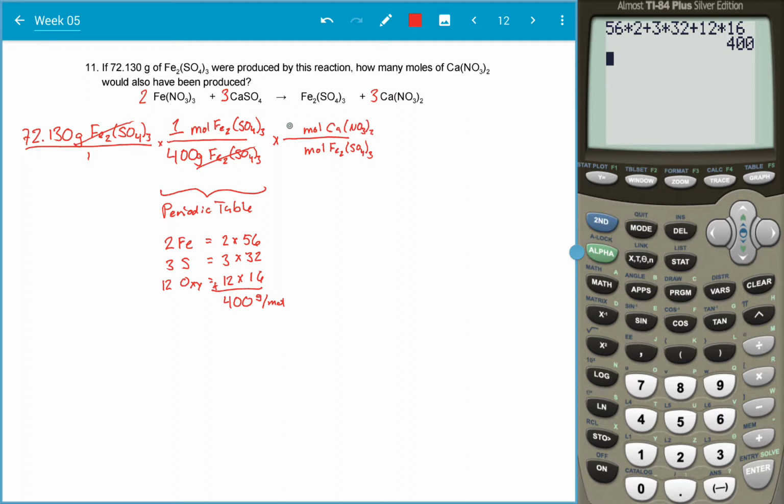Now, where do I get the numbers? Well, those, again, are coming from the balanced reaction. Since there's no number in front of the iron 3 sulfate, that's the same as a coefficient of 1. And for the calcium nitrate, we have a coefficient of 3.